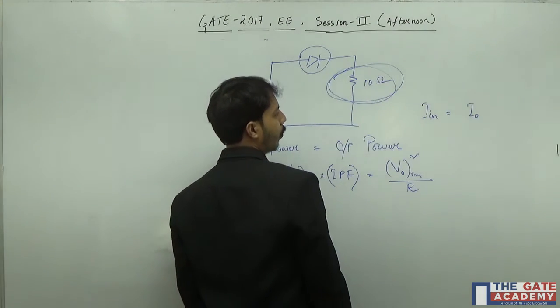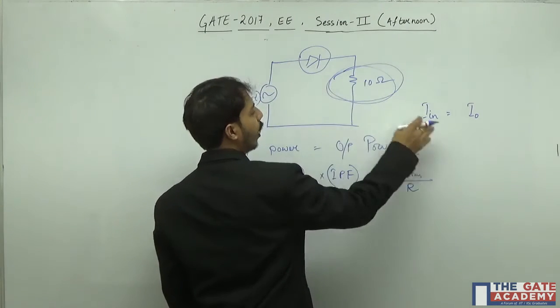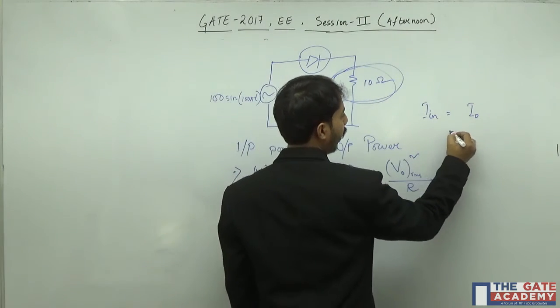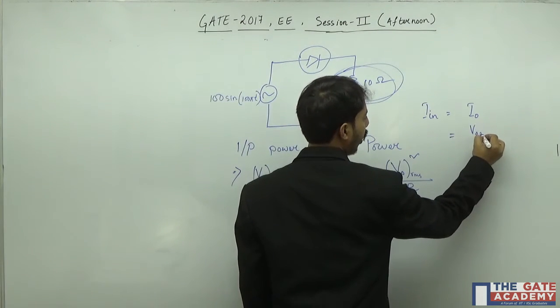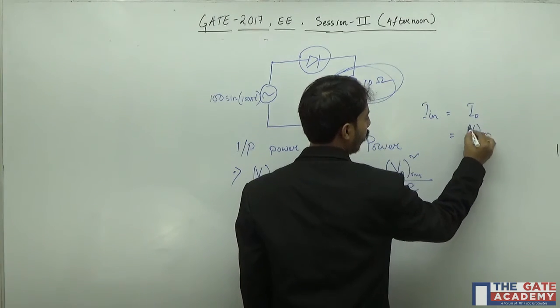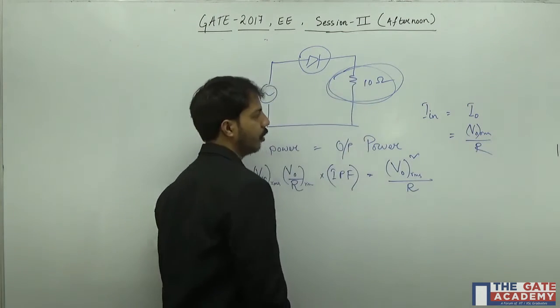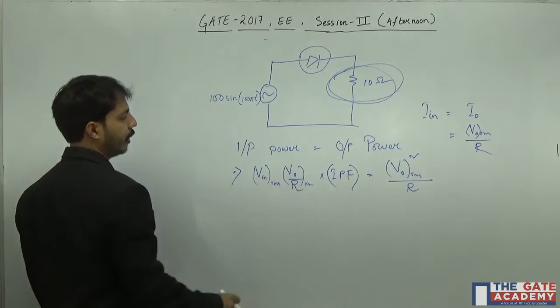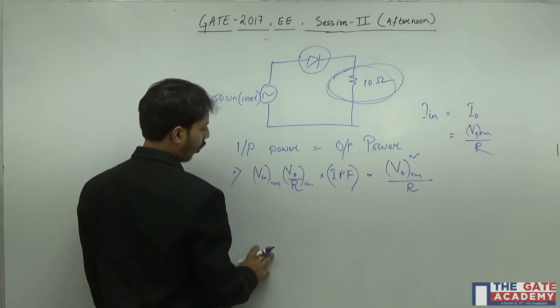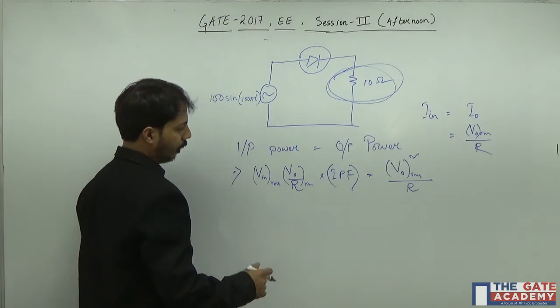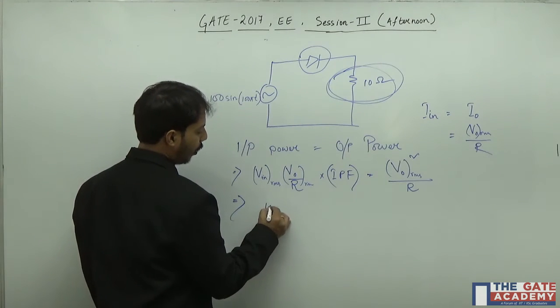Okay, I input is equal to I output. So I output is nothing but V output RMS by R. So that is why I can write this here. Okay. Now from here I can easily calculate my input power factor.